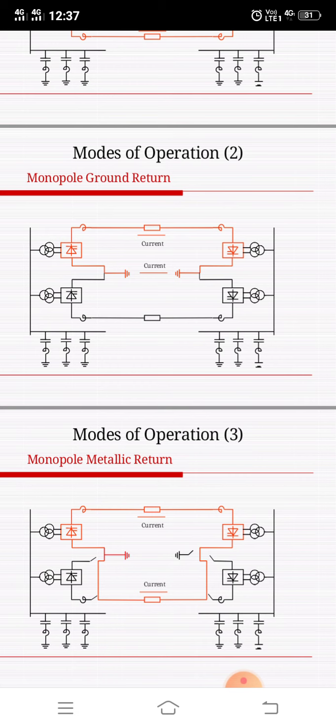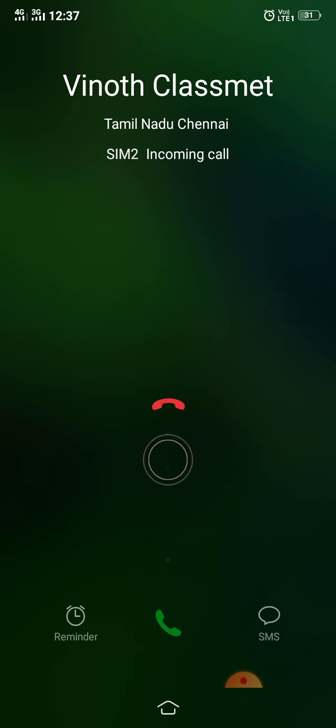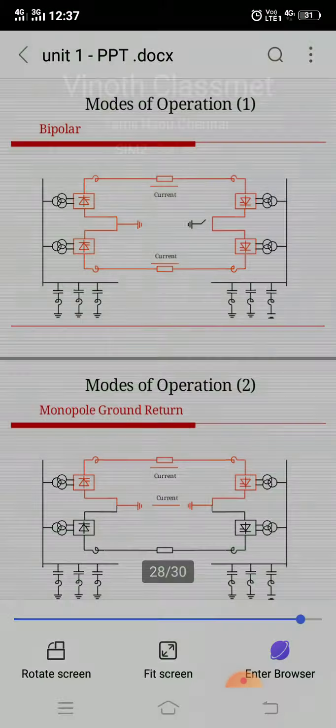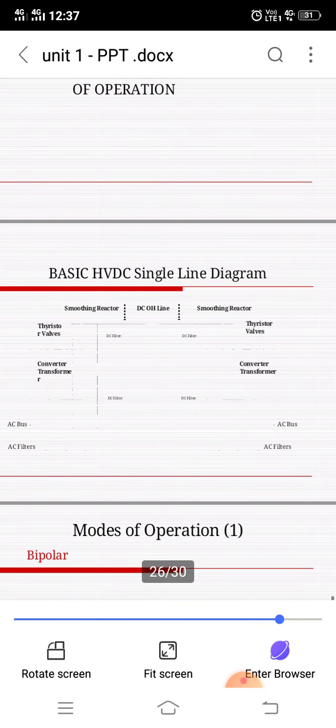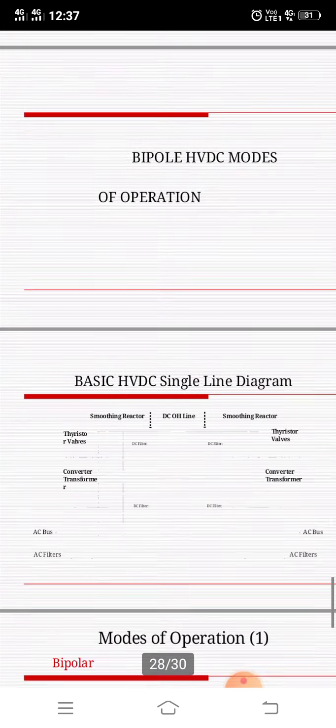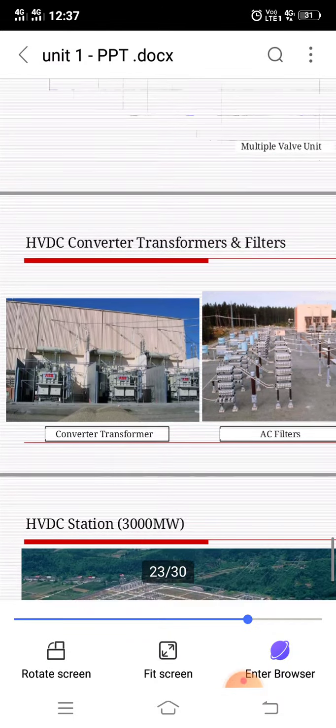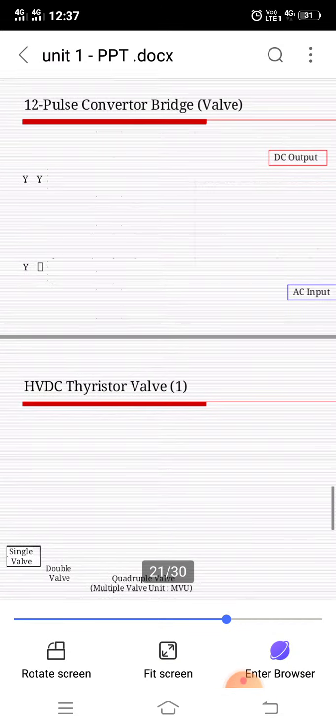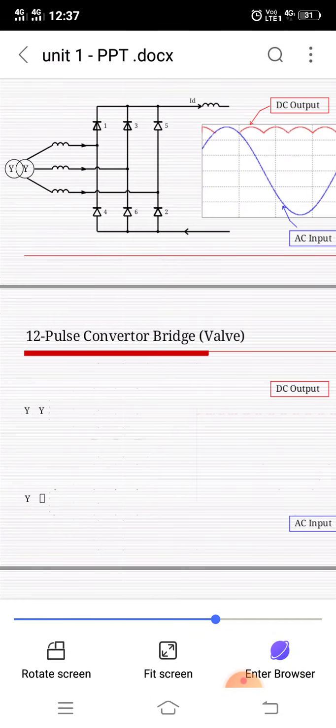Then I am saying 12 pulse group and converter transformer also. In that group, HVDC converters are usually built as a 12 pulse circuit.